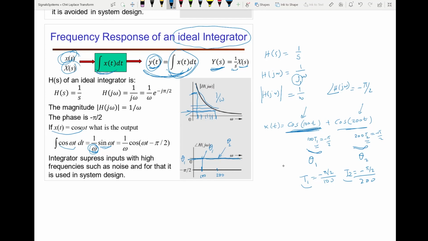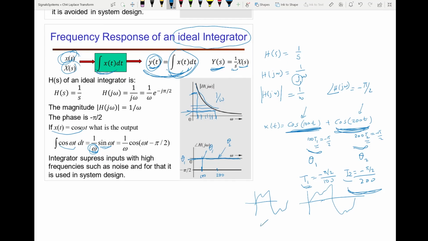That means T1 will be delayed twice, this signal. And when you add them up, the shape will be different. So if the shape was like this, now the shape may look something like this. Same amplitude, but the shape will look different because of the delay difference.